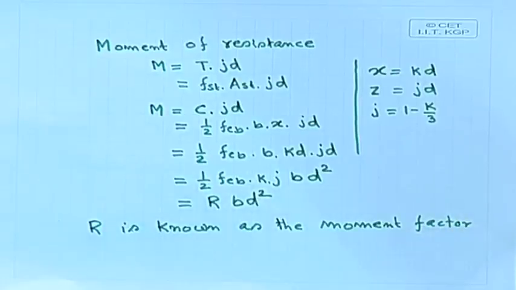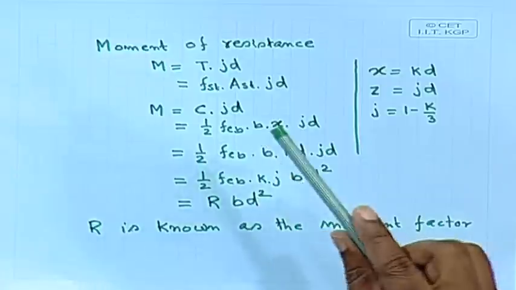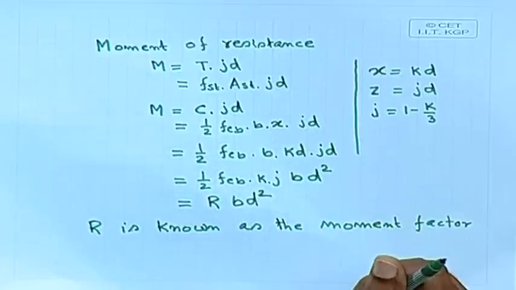If you remember, in the very beginning of the third lecture, we started with M by I equal to f by y. From there also we got an equation, 0.167 f b d square. Similarly, here we are getting the same type of relationship, 0.167 f, and here we get R b d square.